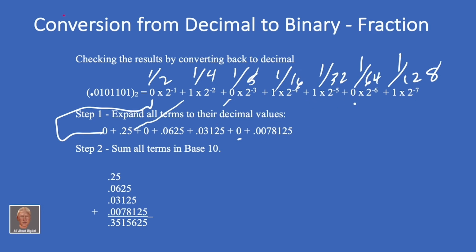Then we have a 0 right there. And finally we have 1 over 128, which is 0.0078125. So we sum all these numbers in decimal, 0.25, 0.0625, 0.03125, 0.0078125, and we get the number 0.3515625.